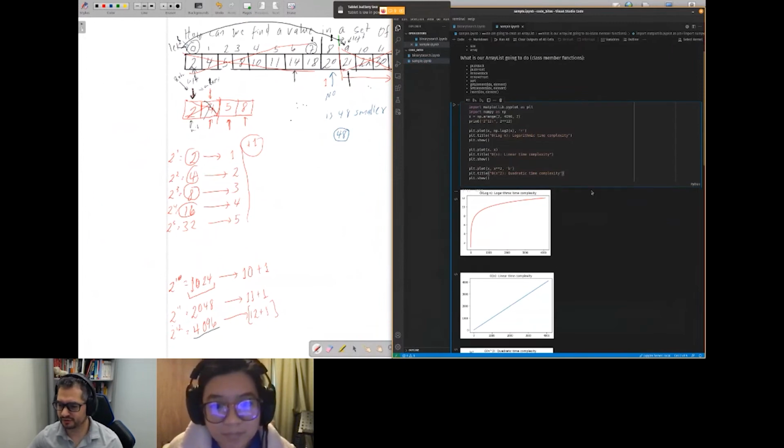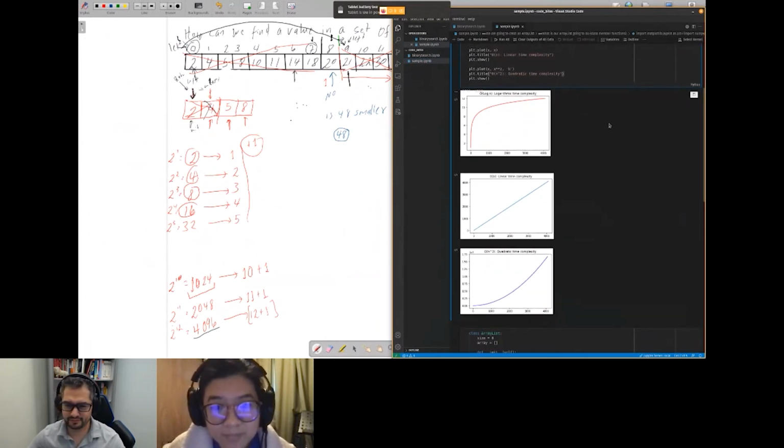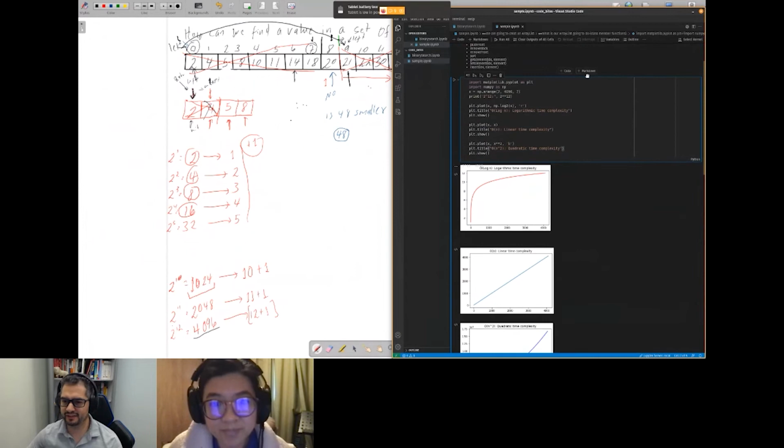So I was playing with this. What I have here is simple. I'm using a library called matplotlib, and another library called NumPy. I'm creating a range of values between 2 and 4096.